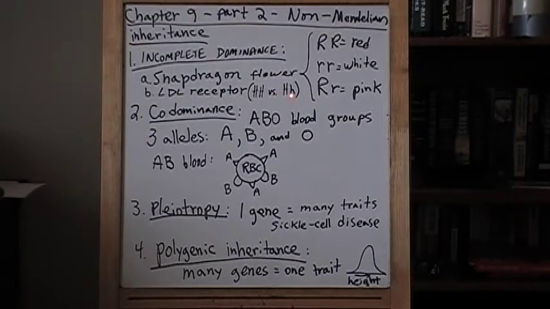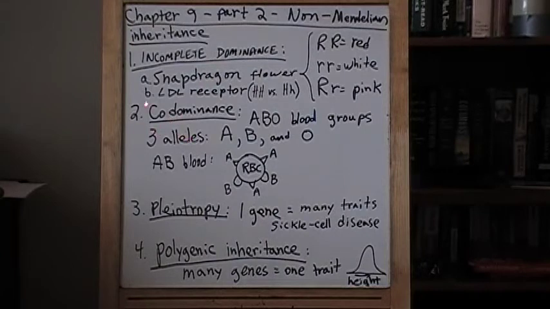And then there are other individuals that inherit 2 copies of the small h, and they have severe levels of cholesterol, and that can actually be lethal. So that's just another example of the heterozygous condition being intermediate. So that's called incomplete dominance.